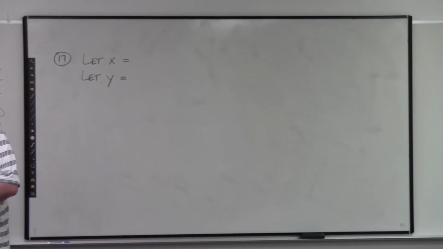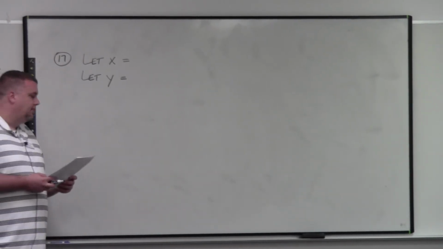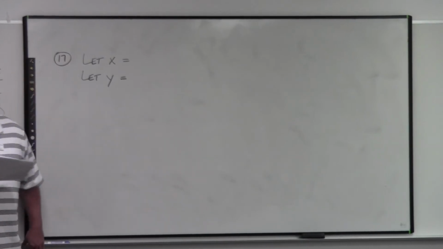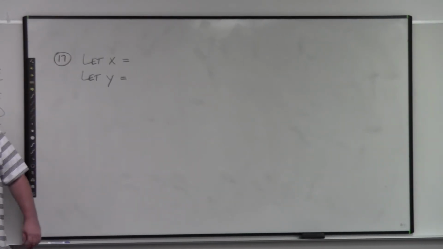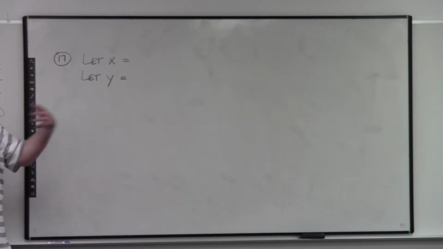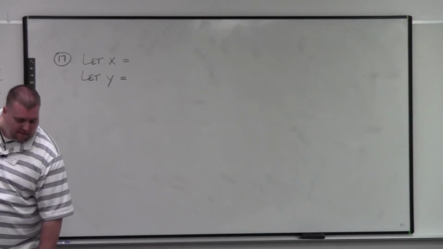All right, problem number 17 is a word problem involving, I'm guessing, a pet store trying to buy pet supplies in the form of cat food and dog food. So we need to set up a system of equations to help us solve the problem with the information given.